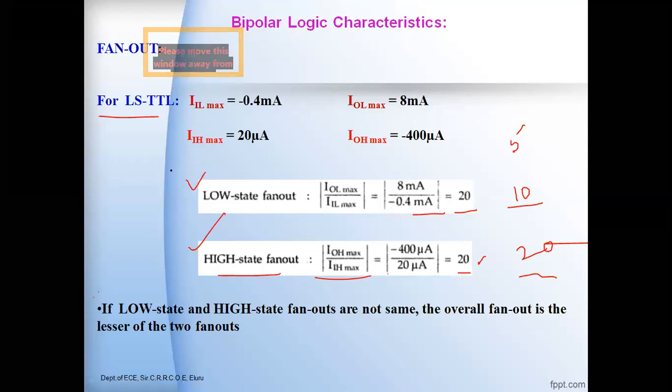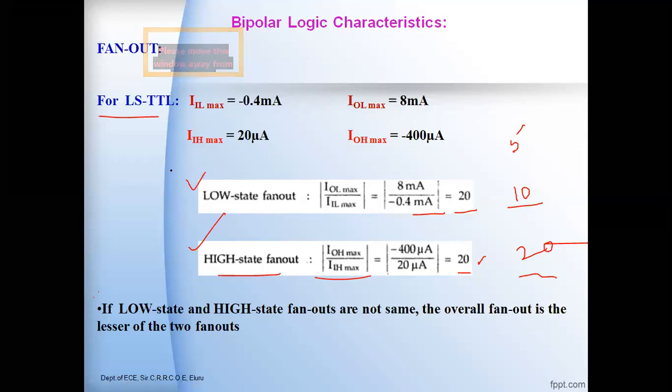Okay, so this is the fan out. Simply, fan out is the measure of the number of gate inputs that can be handled by a single gate output. The DC fan out is very important to any logic gate, and it can be determined by four current parameters: IIH, IIL, IOH, IOL maximum rating currents.